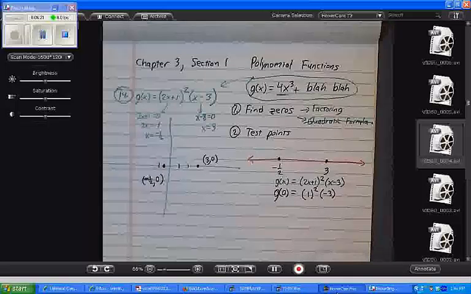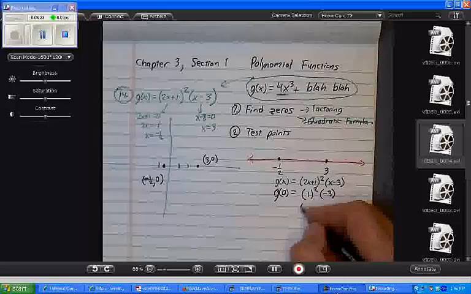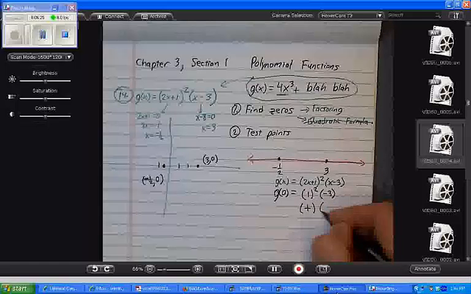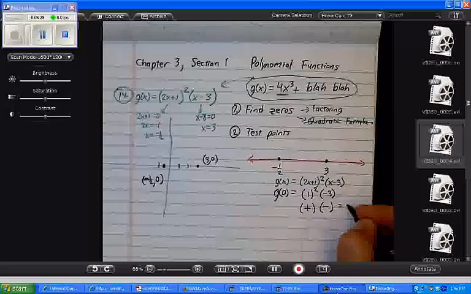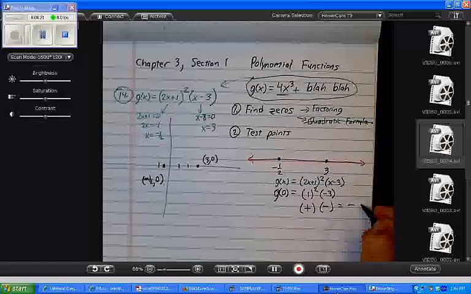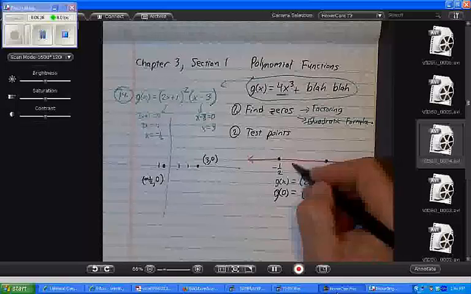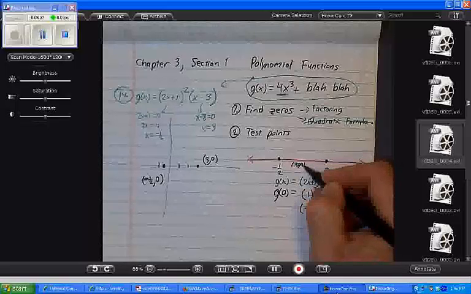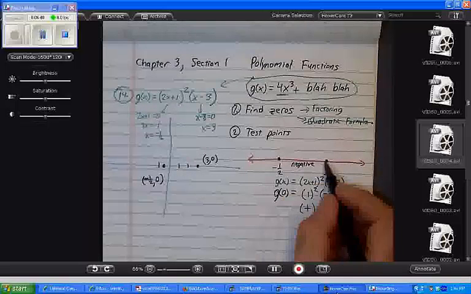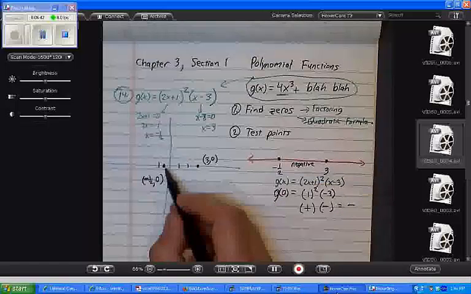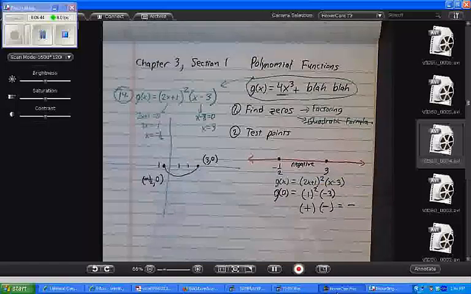I don't care what it equals. All I care about is the sign. This is positive, and this is negative. So what can you tell me about g of 0? Negative. And if it's negative, I can just write down here that the function is going to be below the x-axis down here somewhere. Okay? It's negative over here.